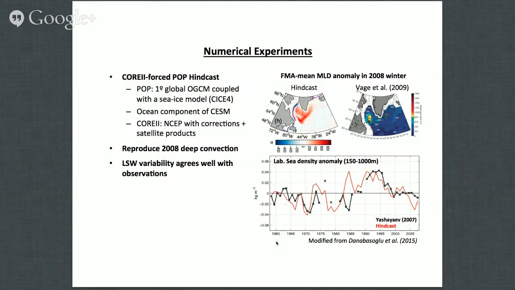So you can see that at very low frequency, the agreement between the two is very good, indicating the hindcast simulation simulates good variability in deep convection or deep water formation in the Labrador Sea.